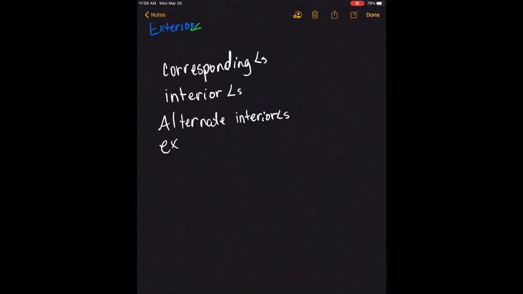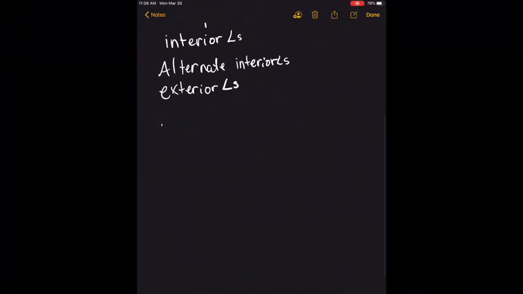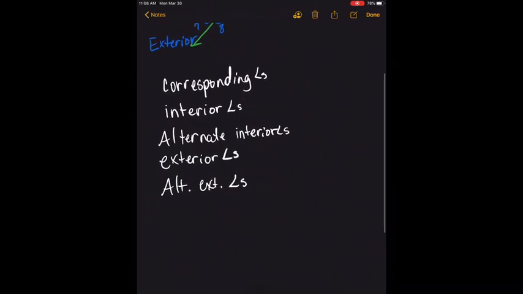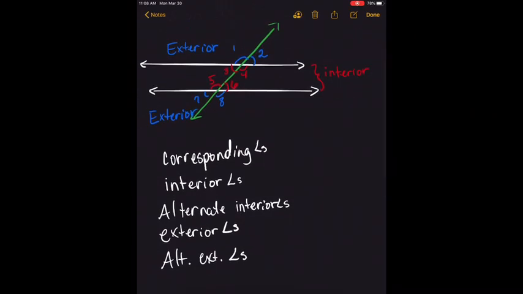And exterior angles. And then alternate exterior angles. Okay, so our corresponding angles are angles in the same relative position.